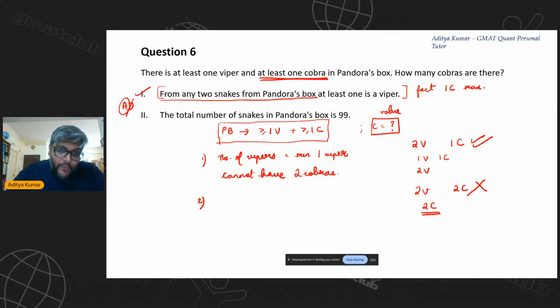If I pick any two snakes from Pandora's box, at least one has to be a viper. So what is the inference that I can draw? That if at least one has to be a viper, if I pick any two, I cannot have more than one cobra. Because if I do, then if I pick two snakes, there is a possibility I can get two cobras. Got this?